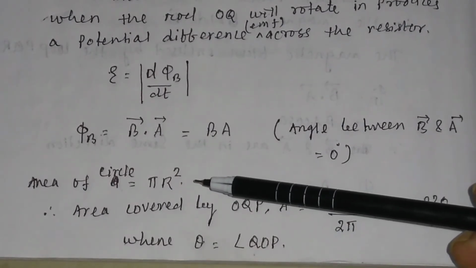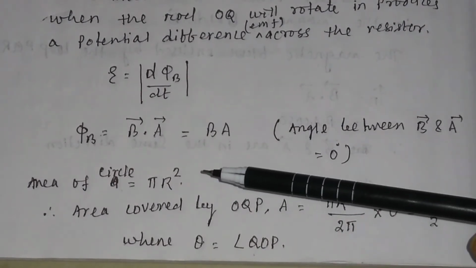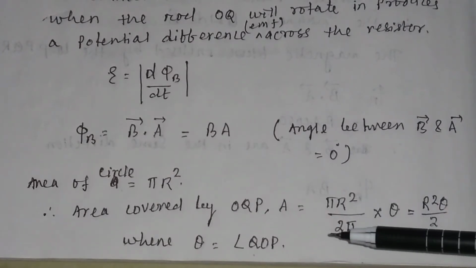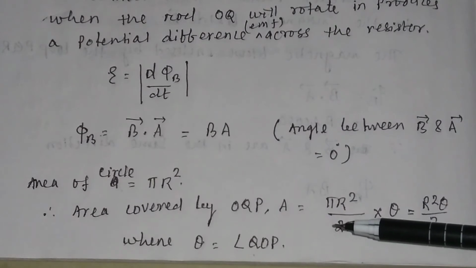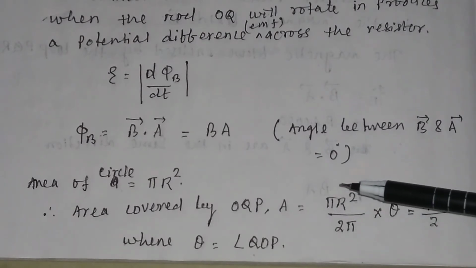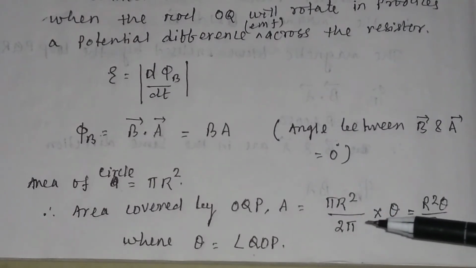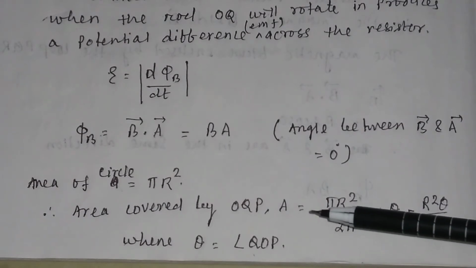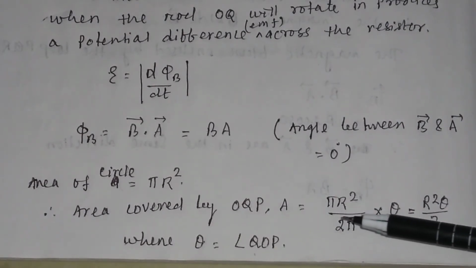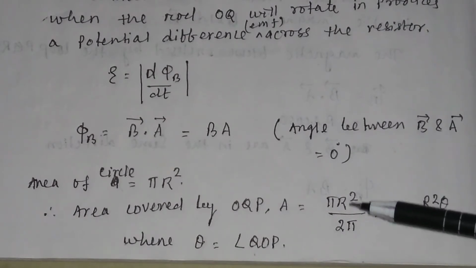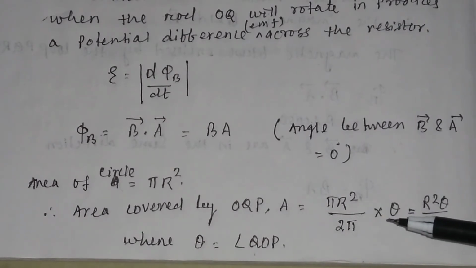Area of the circle is pi r square, so for 2 pi, the area is pi r square. So for theta, the area covered by the angle theta will be pi r square divided by 2 pi into theta, and that will be equal to r square theta divided by 2.